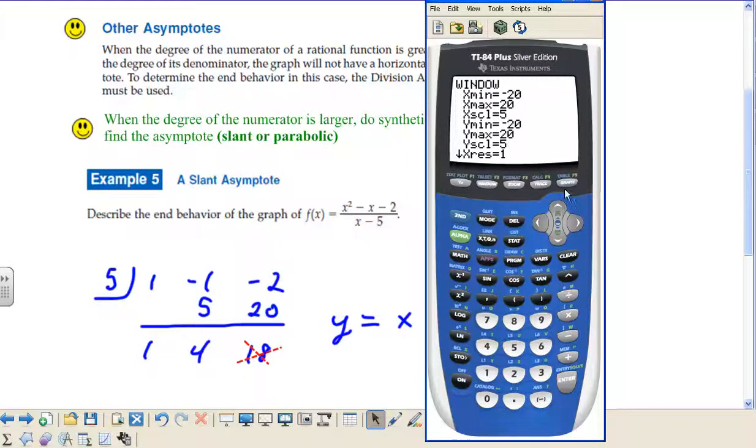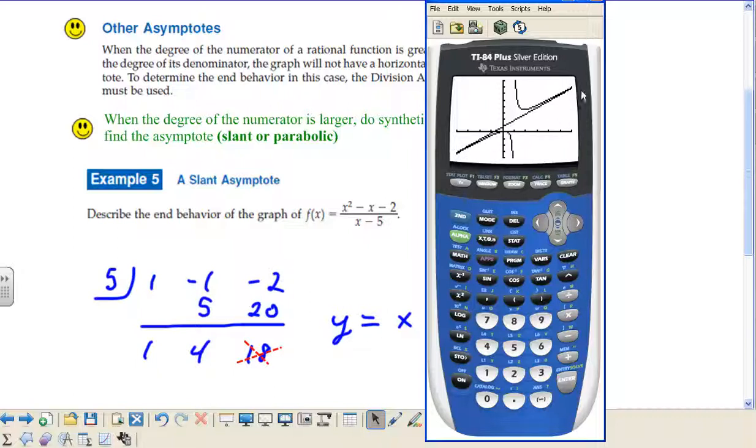Oh, then we can see it a little bit there, but we're going to need to go a little bit higher, it looks like. So we'll change our y max to 30, and then take that one up to 40. Let's see what we can see here, and graph it. And we can see that the line here, x plus 4, follows along the line of the graph, so you can see how that asymptote would go in there. Alright, and so there's our slant asymptote.